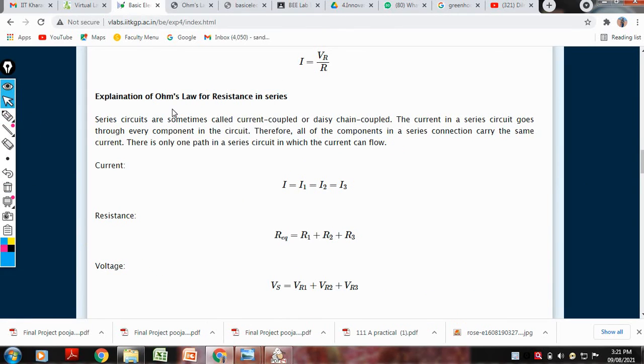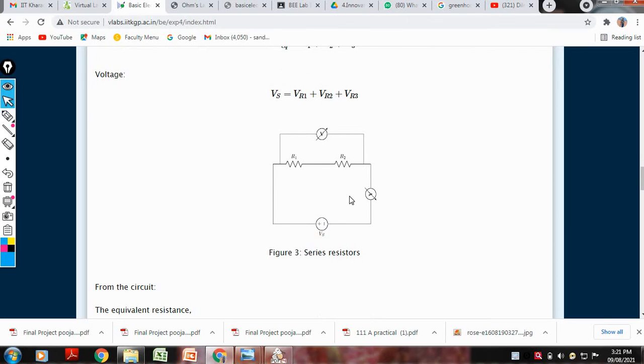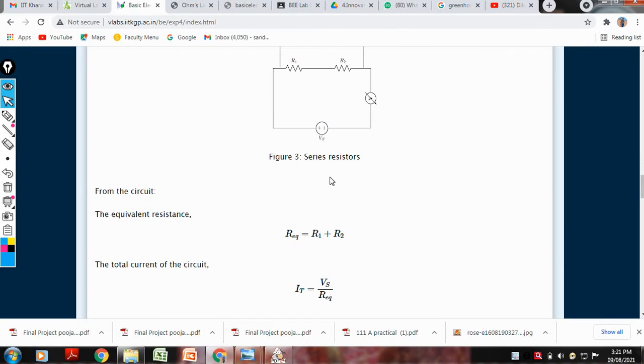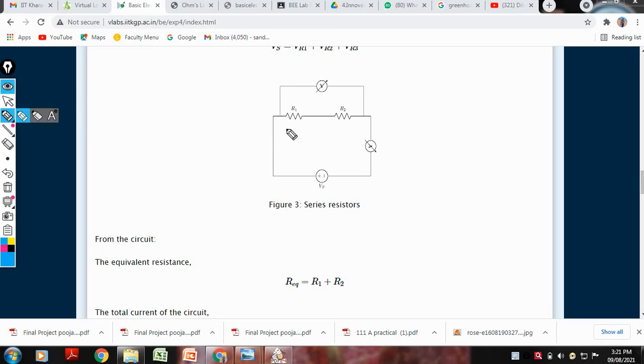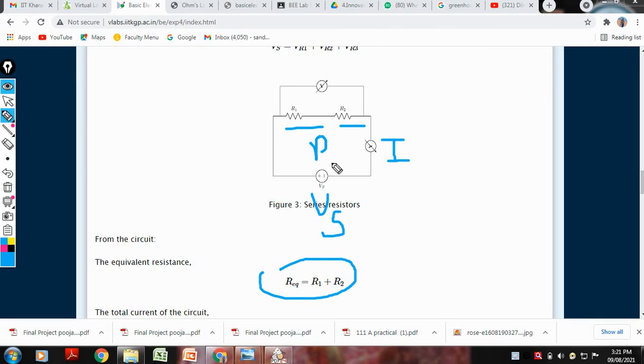Now the resistances are connected in series. Here resistances R1 and R2 are connected in series. Then R equivalent is R1 plus R2. This is the supply voltage, this is the current, and this is the equivalent resistance. This is the concept of equivalent resistance.